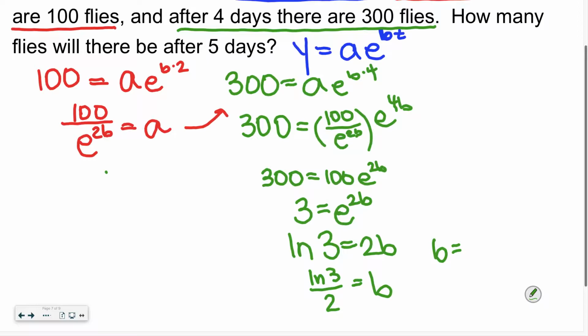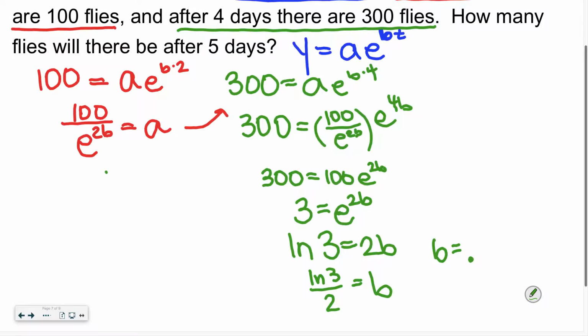Now, I told you that I don't like you to round and use a rounded answer in your work. Okay? So if we're going to eventually round to 3 decimal places, let's go ahead and round our rate to 6 decimal places to help us with accuracy. Okay? 6 decimal places, what would that be?